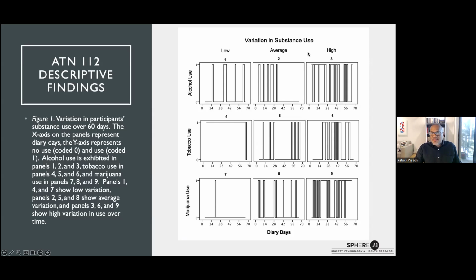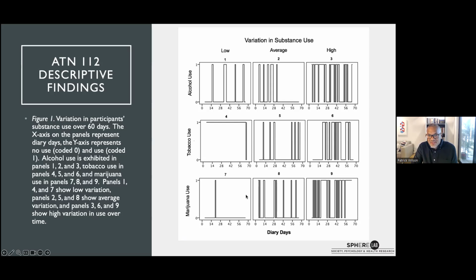If you're in panel 1, we'd say you probably have low variation. It's every week or so you're having a drink. Whereas maybe I'm in panel 3, high variation. I'm on and off, on and off.